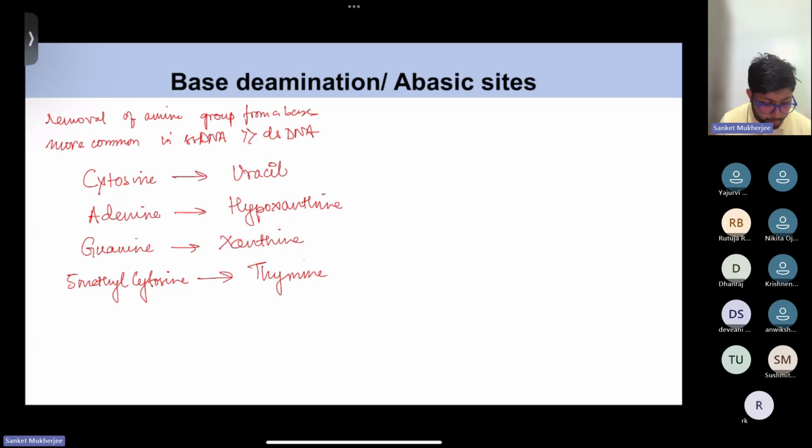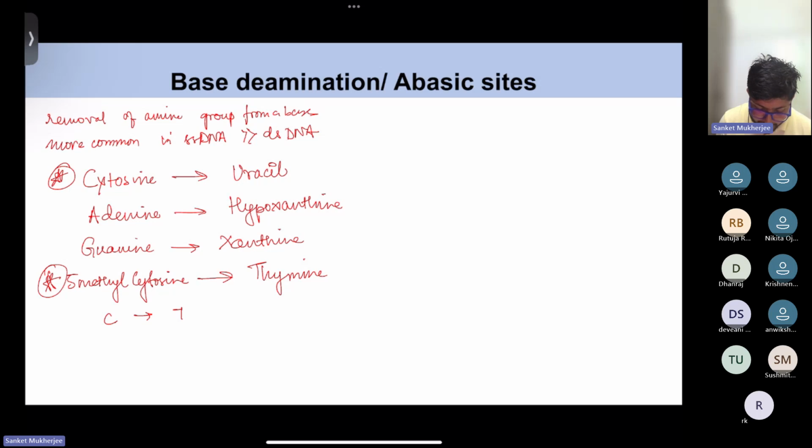So the most frequently deaminated bases are 5-methyl cytosine. This is the most frequent one. And the next one is cytosine to uracil. What happens due to this deamination reaction is what we already said: the base pairing changes. If cytosine forms uracil or 5-methyl cytosine forms thymine, so what will happen if C is changed to T?